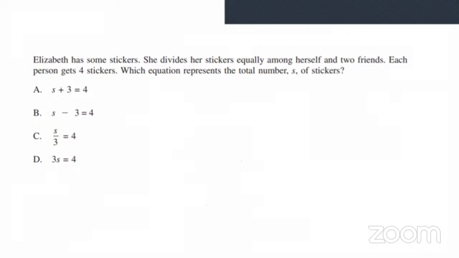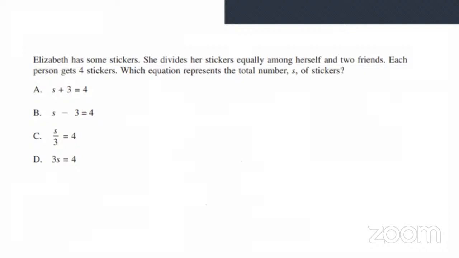So definitely, guys, I'm seeing Torres, and Torres is giving us an explanation here. So she says Elizabeth plus her 2 friends is equal to 3 people. All right. We do not know the original amount of stickers, so it is represented by S. Awesome, Torres. And what did you say your name again was? Torian Stevens. I don't remember. All right, so Torian, I'll call it that until I remember your name.